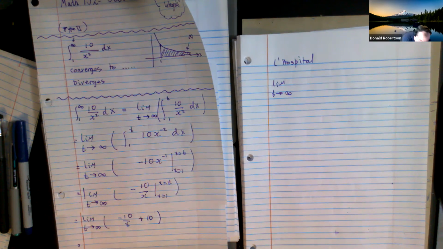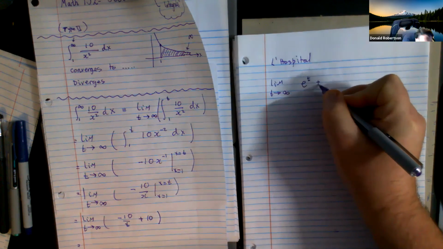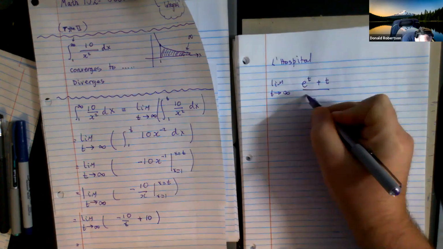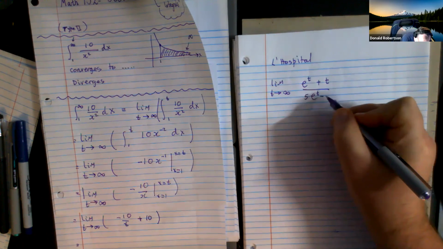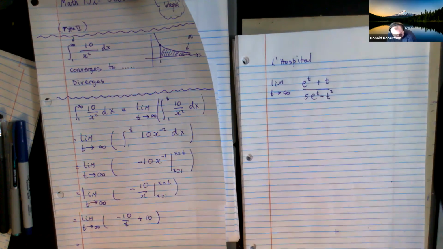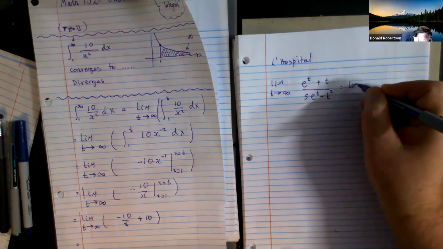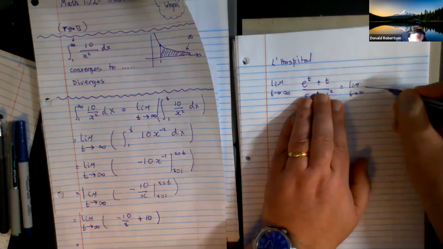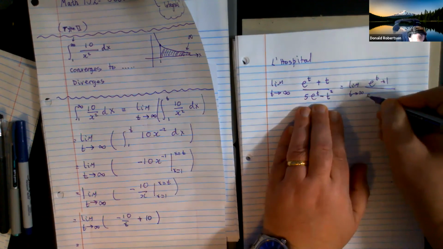So what do I mean? For instance, e to the t is not a power of t, right? Now, according to L'Hopital, you can find the limit by taking the top and differentiating it, and taking the bottom and differentiating it.